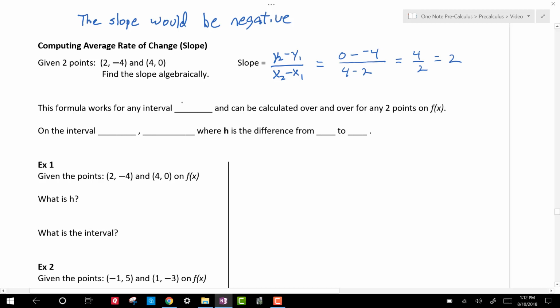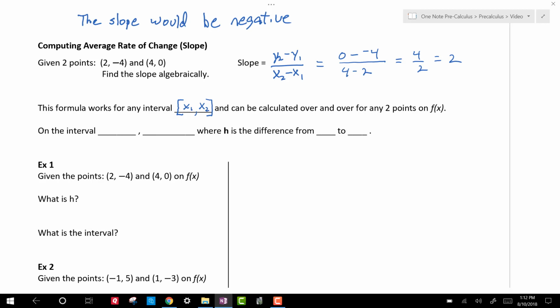Now, what you want to keep in mind is that the slope formula works for any interval. And remember, when we talk about intervals, those intervals are some x1 up to some x2. So when we talk about an interval, we're talking about some smaller x to some larger x. And they can be calculated over and over for any 2 points on the graph of f(x). So I could take any points I wanted.